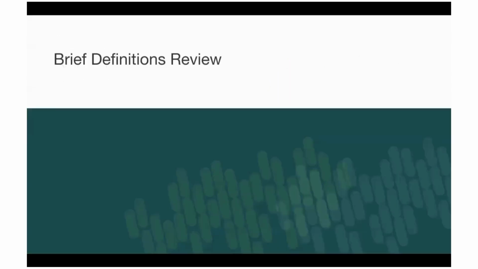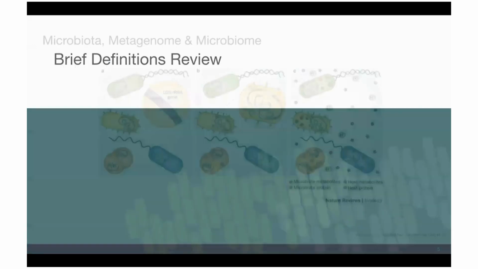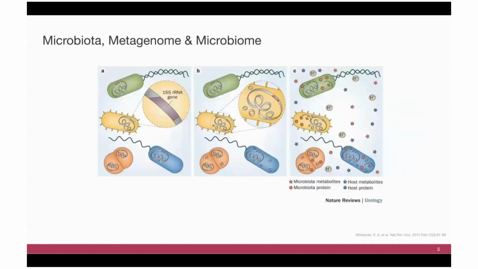So again, in the interest of clarity, let's review a few basic definitions so we're sure to all be on the same page. The first picture here is the microbiota, and literally this is just the organisms. The next picture is showing you the metagenome. These are the genes and the genomes of the population. So that's both the bug and the host.